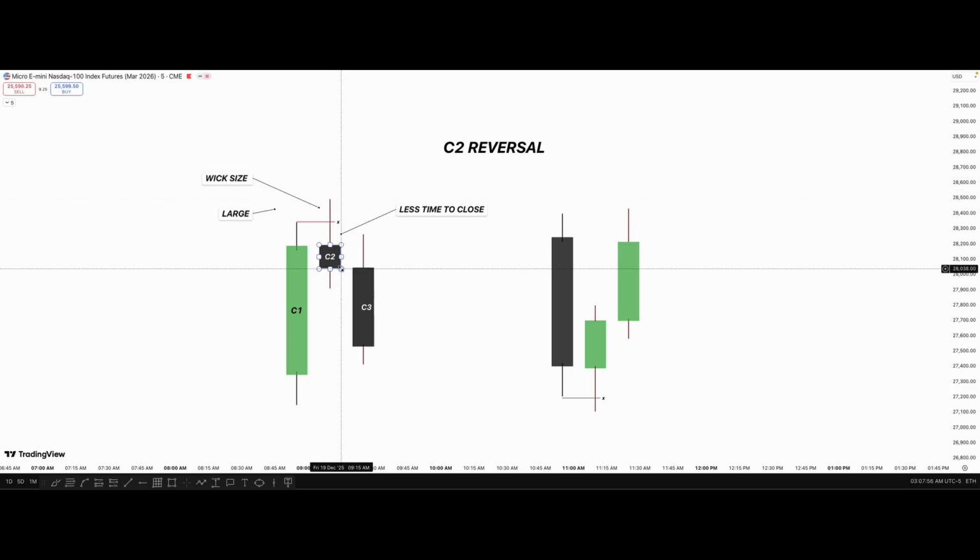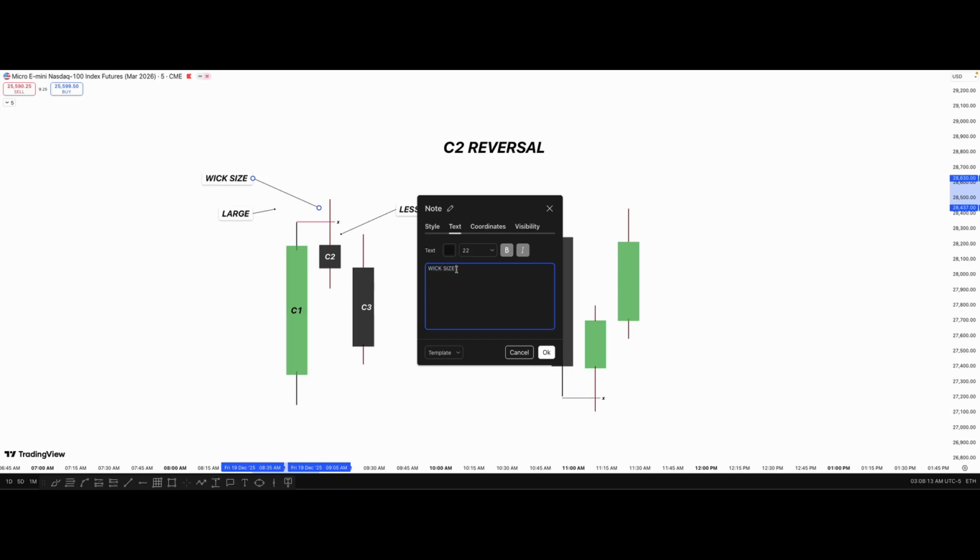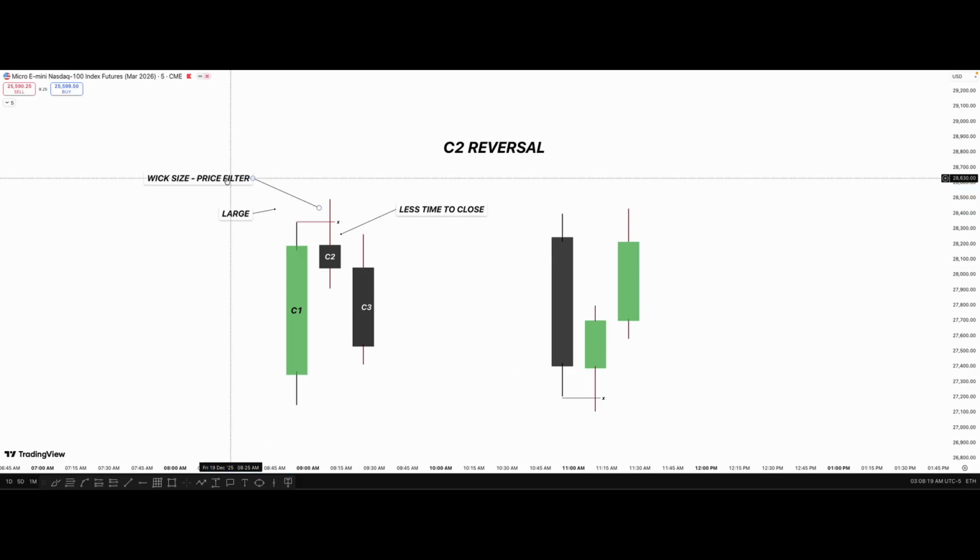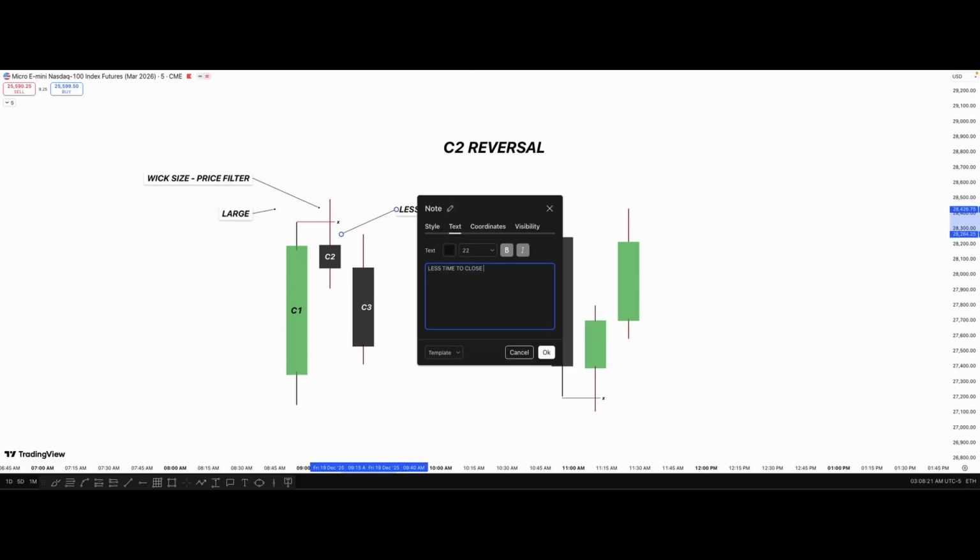So it doesn't have enough time for the price to push down lower. So when this candle closed, the third candle which was available, that is when the price expanded, right? The wick size is your price filter, right? The wick size is your price filter, and less time to close is what? Is your time filter.